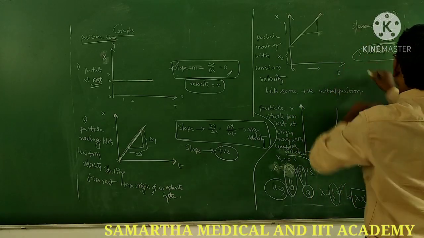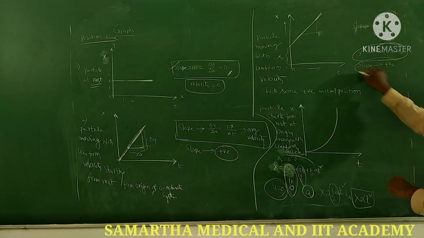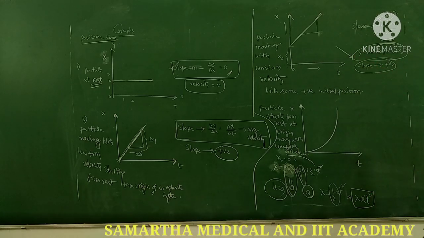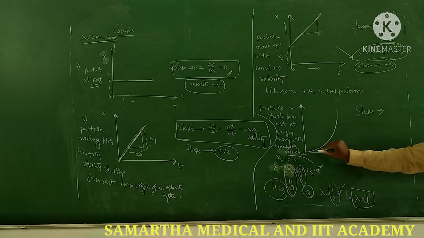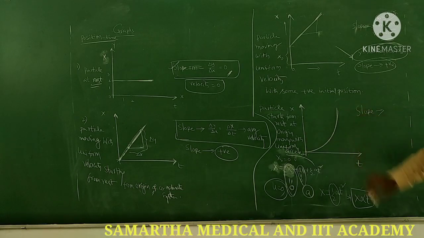Also positive. For this graph. Okay. Now what is the slope here? Increasing slope. See here, if you observe, the slope here, here and here are not the same.